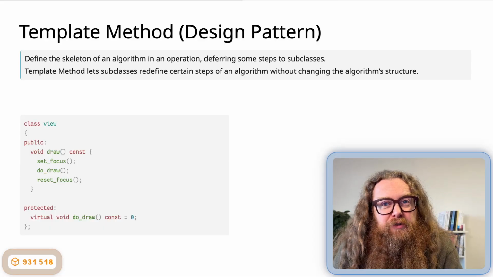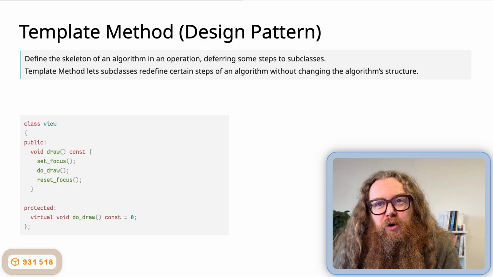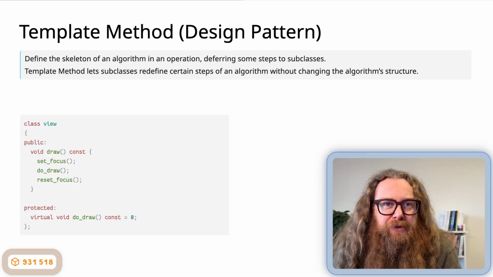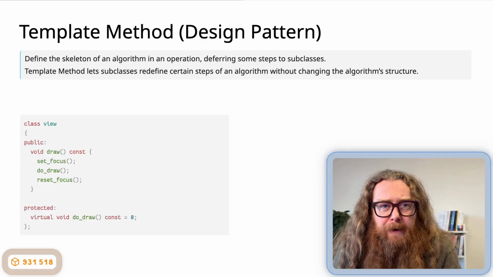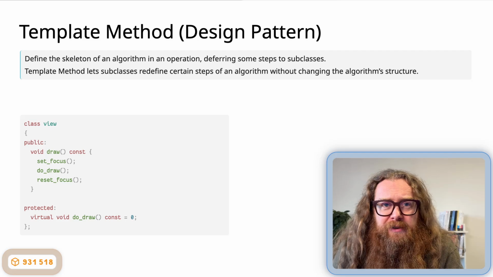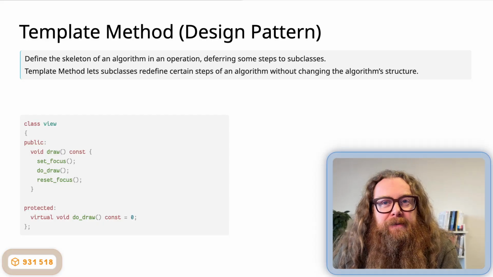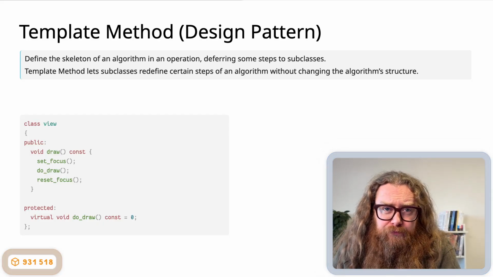And then it has this public member function called draw, which internally calls doDraw after setting a focus, after establishing some preconditions, establishing some invariants of the class, and also calling a reset function at the end of the algorithm.